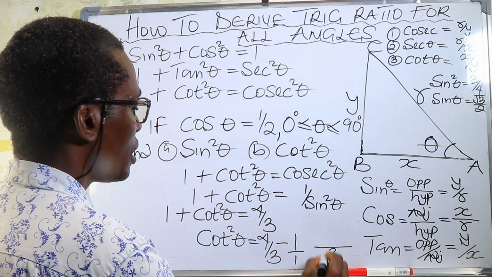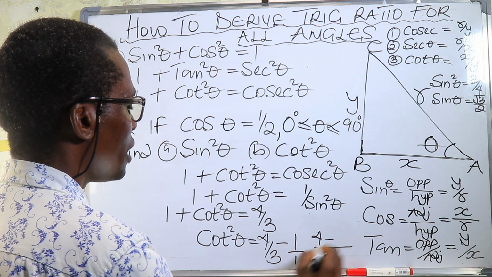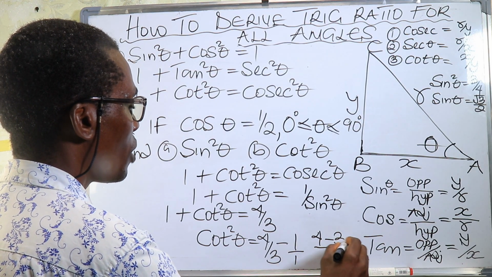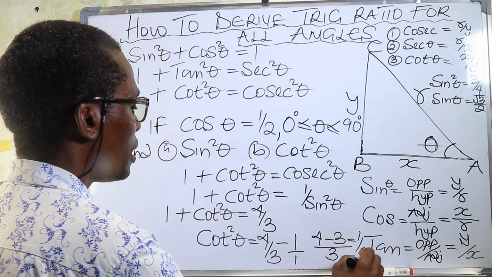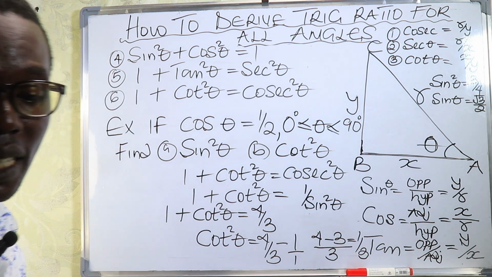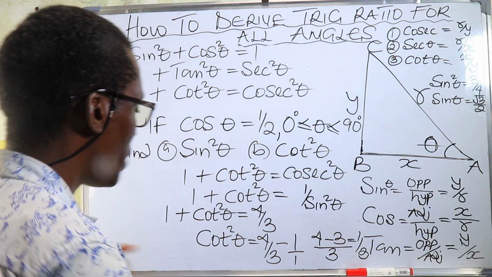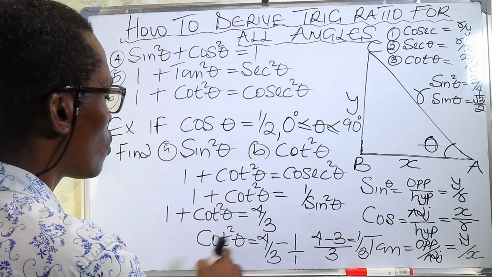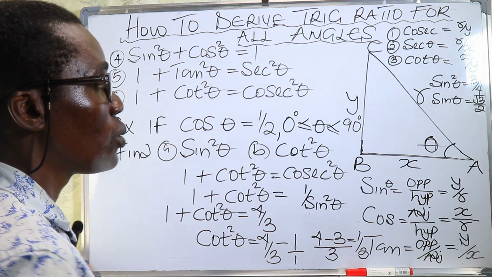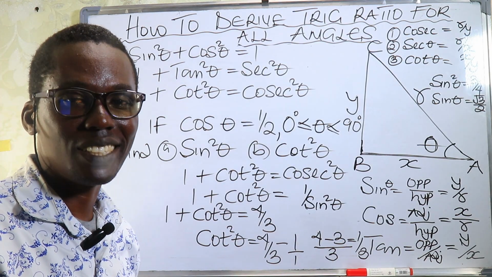This one na 3. This one will give us 4 minus 3. And that one will give us 1 divided by 3. So that means our cot square theta is equal to 1 divided by 3.